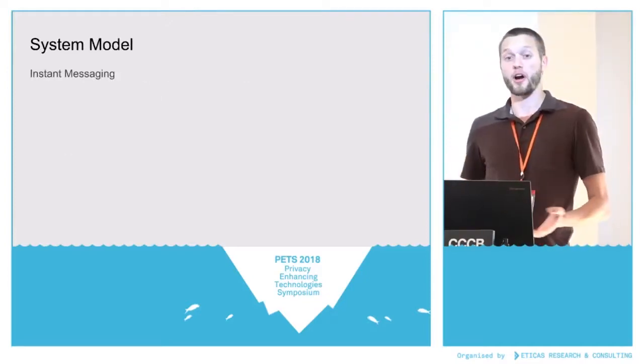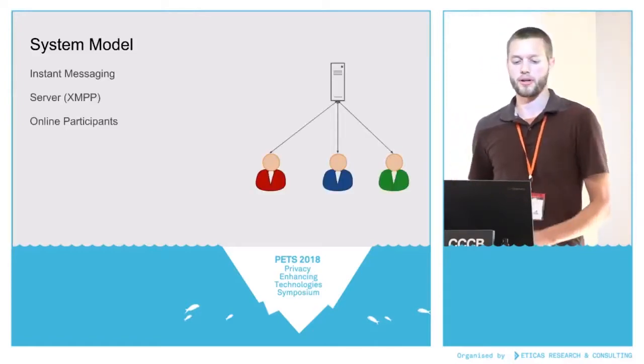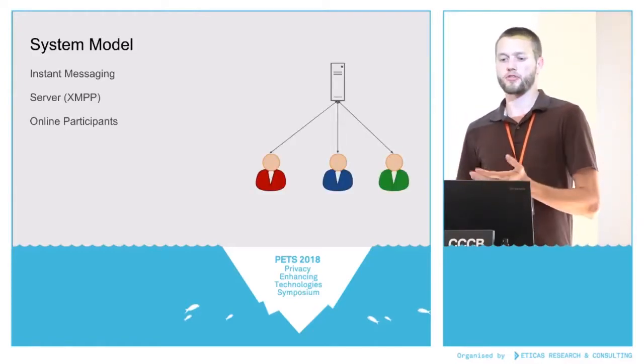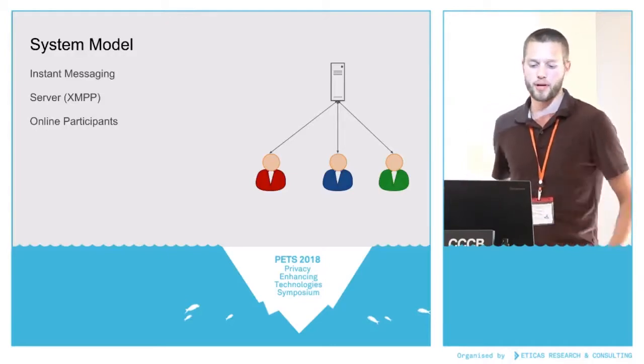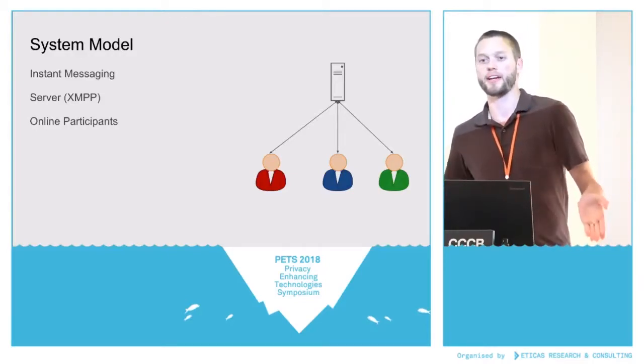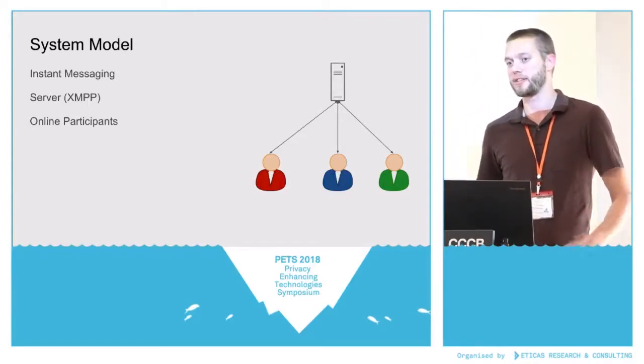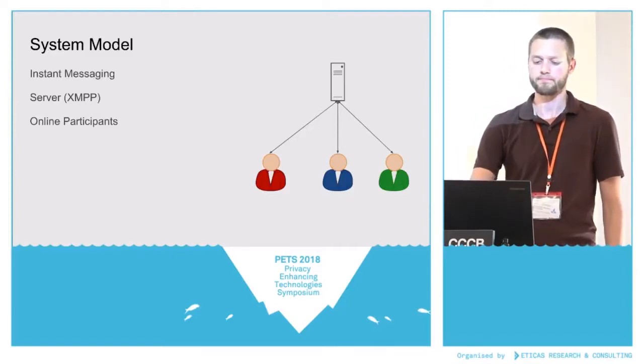The system model that we're targeting with SYM-GOTR is that of instant messaging. So it assumes a central server that's going to route messages for us, and online participants. So for example, XMPP or your developer meetings or something, maybe a small IRC community.